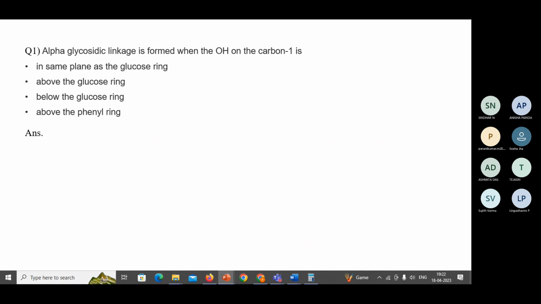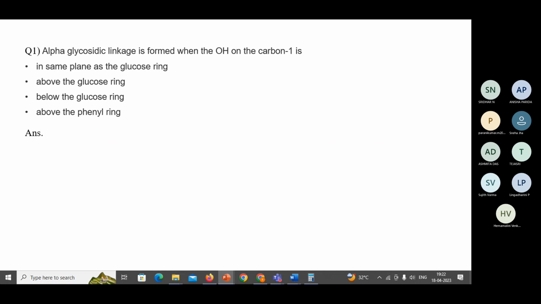So what is the correct answer for this question, anyone? Below the glucose ring.